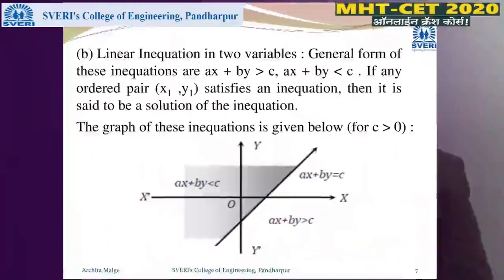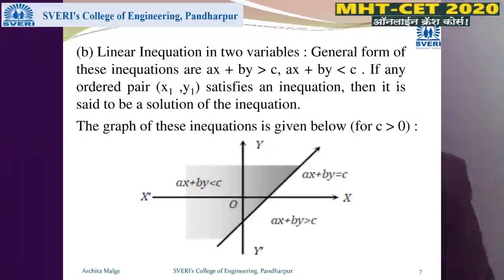Further, linear inequation in two variables. Generally we can take linear inequations as ax plus by greater than c, ax plus by less than c. If any ordered pair (x1, y1) satisfies an inequation, then it is said to be a solution of the inequation.